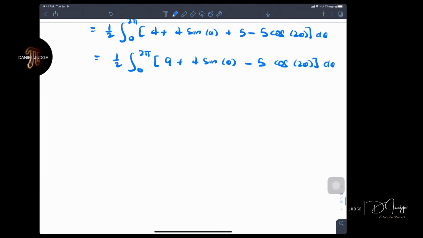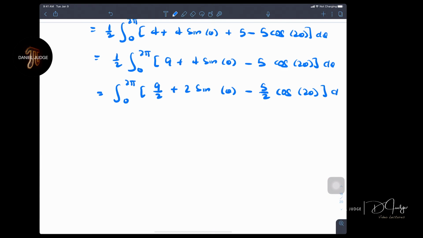And what I might do is just put that constant 1/2 back in, like I've been doing. So I get 9/2 plus 2 sine theta minus 5/2 cosine 2 theta, d theta.